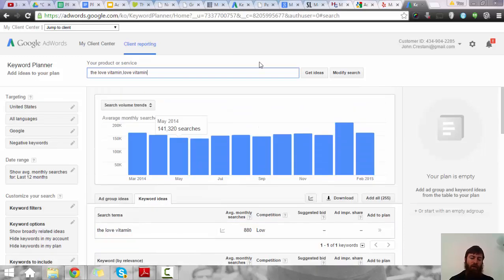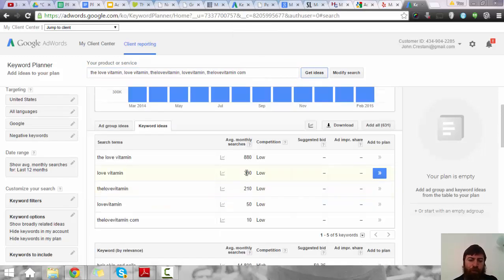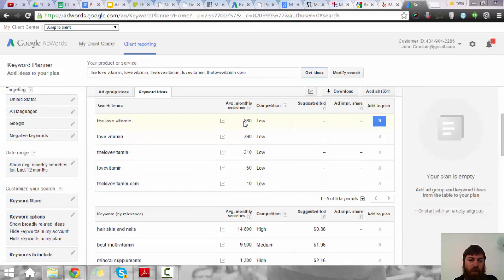Another thing is I'm going to type in the actual URL, the love vitamin as one word, and then I'm going to try thelovevitamin.com. Google actually doesn't register periods in their search, they just count them as spaces. So I'm just going to get ideas, and I'm going to see how many monthly searches this gets.